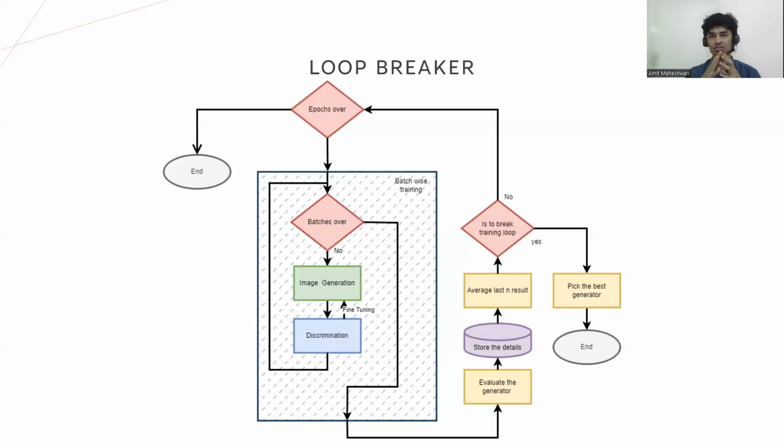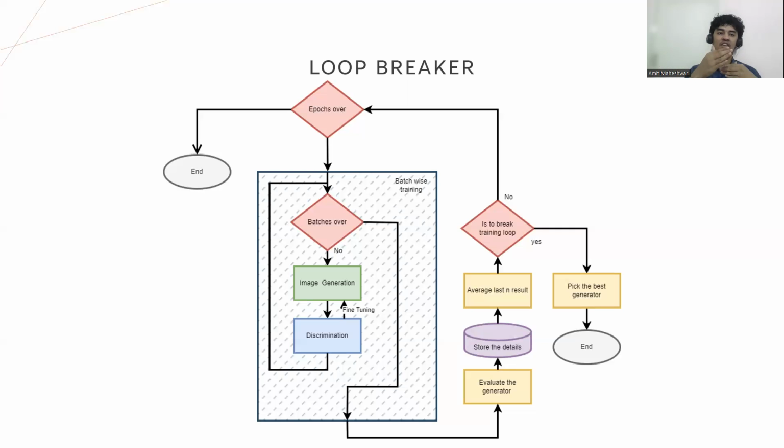So what the loop breaker is doing is taking note of a classification metric, and it compares as the GAN training progresses. It compares the current epoch: if whatever images the GAN has been producing are fed into the classification model, how well will it perform?